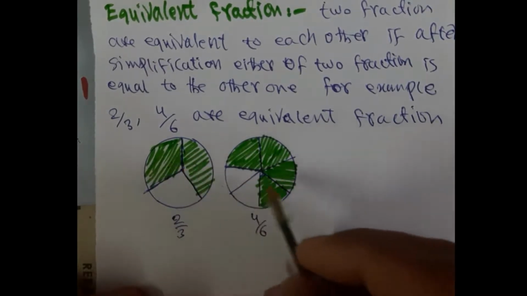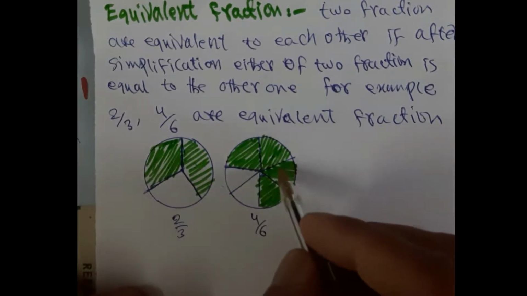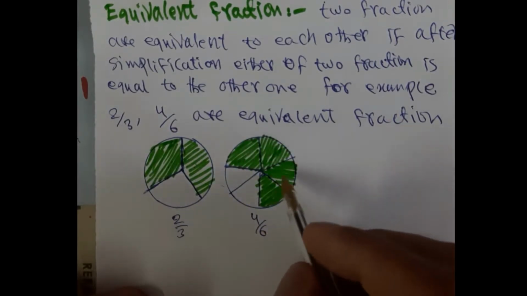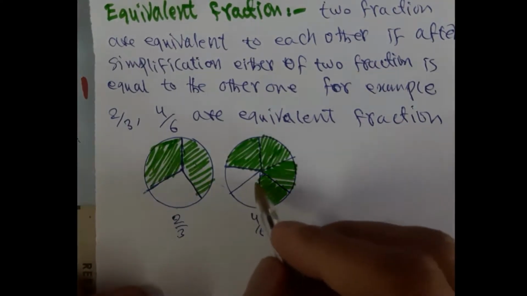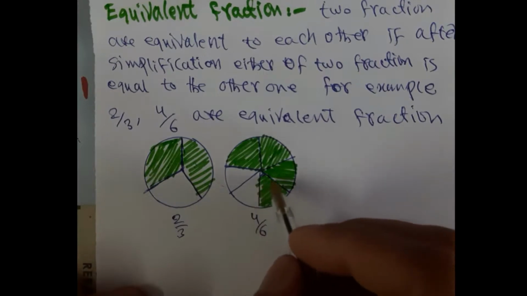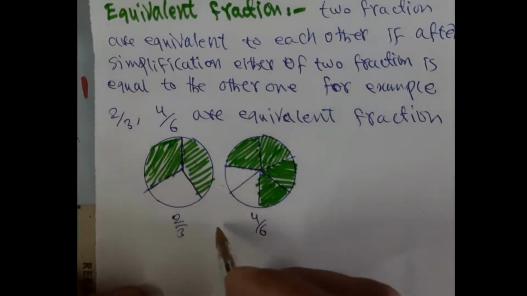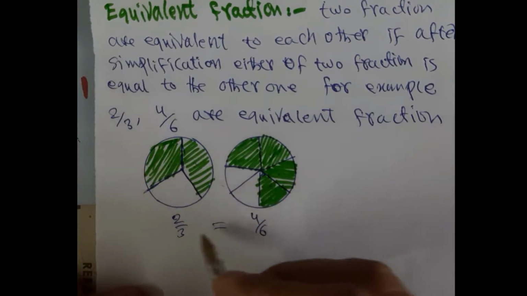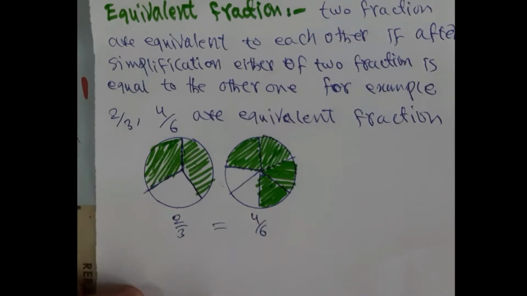Here that circle, which is called whole, is divided into 6. From 6 we took 4, 1 2 3 4. Actually they are the same quantity. These 4 parts of this whole and these 2 parts of this whole are the same. Because of that, we say that 2 by 3 is equal to 4 by 6.